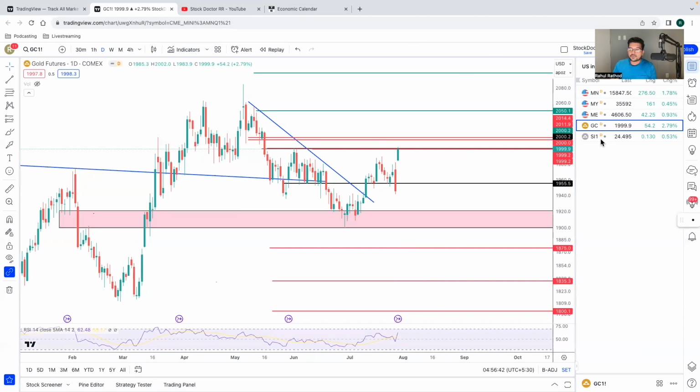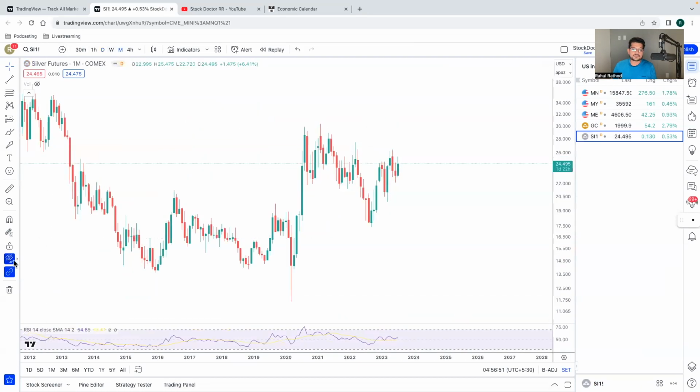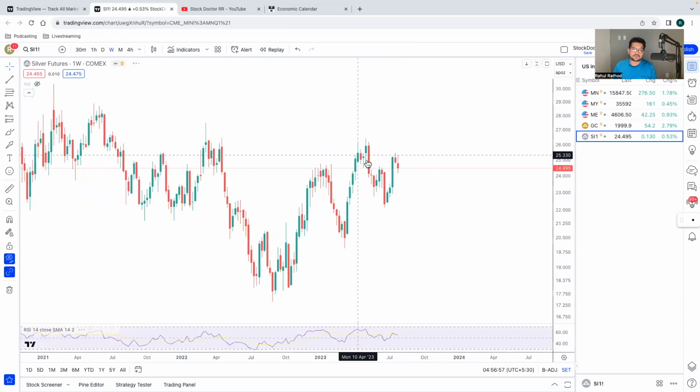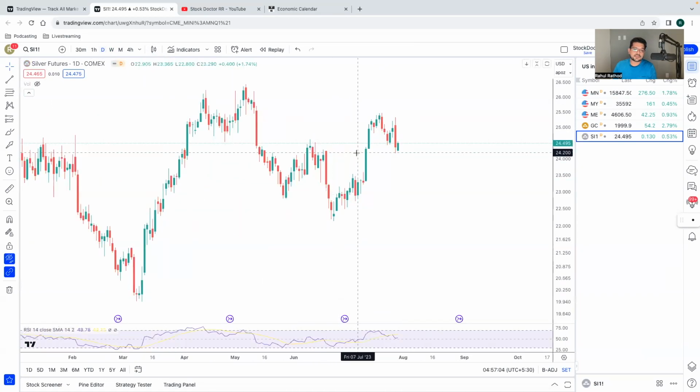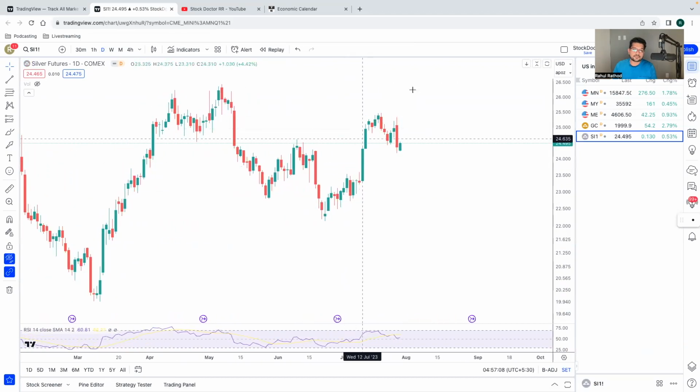The last commodity is silver, and for silver we will see the chart here. Monthly chart says for the silver it is a positive candle. For the weekly it is kind of a correction after a big upside, and for the daily it says that it went up from here, right?